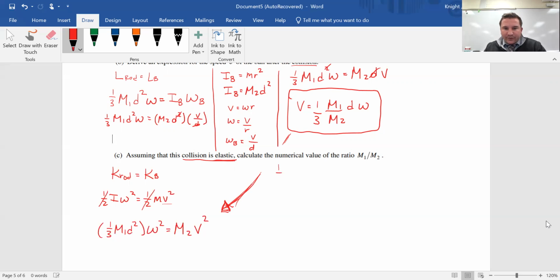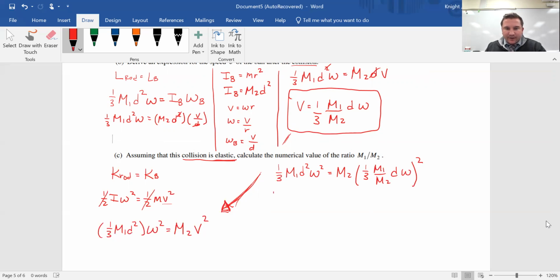So 1/3 m1 d squared omega squared is equal to m2 times all of this squared. So 1/3 m1 over m2 d omega squared.